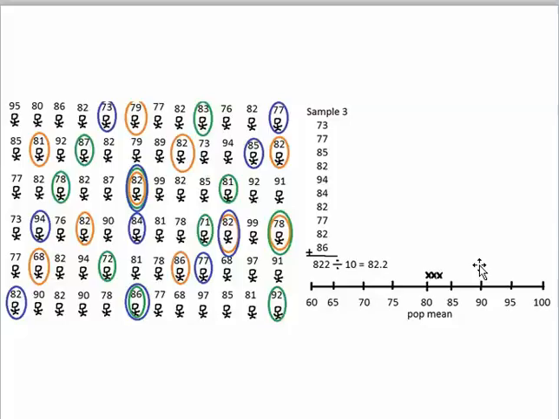When you select a large sample from a population and you calculate the mean of your sample, you're likely to get a sample mean that's close to the population mean, because when you select a large sample, most of the possible samples that you're drawing from have sample means that are close to the population mean.